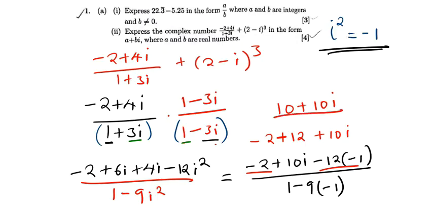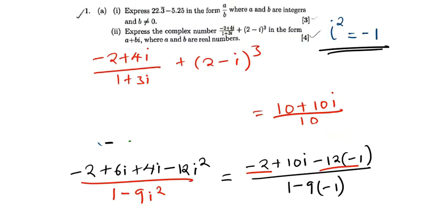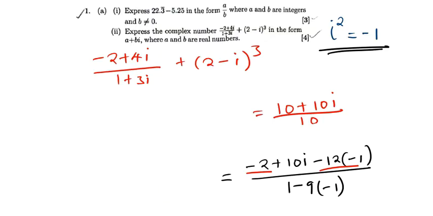So we have 10 plus 10i over 10, right? You can divide each term by 10. So you just have 1 plus i.